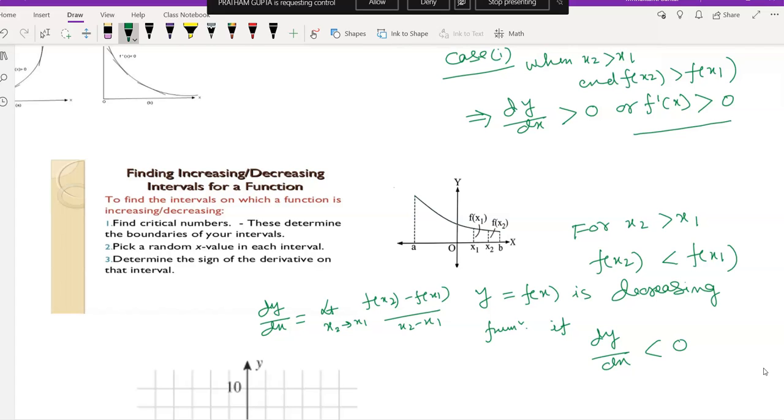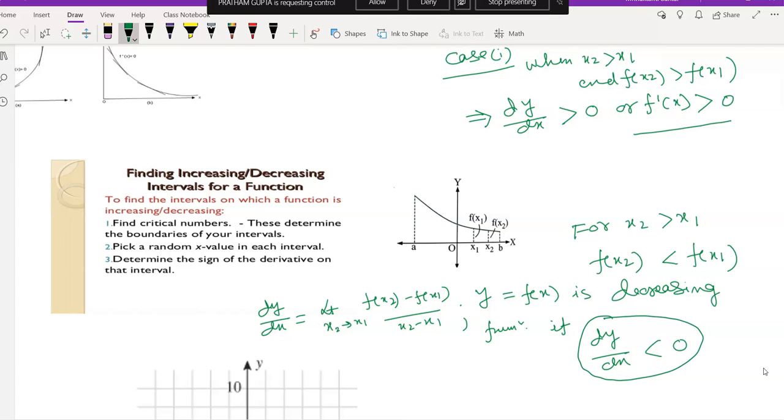What about the ratio? This is going to be negative. Okay, so for a function to be decreasing in an interval, in that narrower sense, x2 greater than x1 gives f(x2) less than f(x1), but its proper statement will be that its dy by dx will be less than 0.